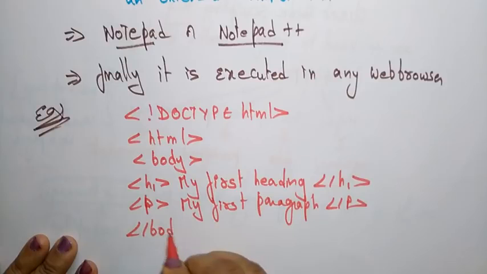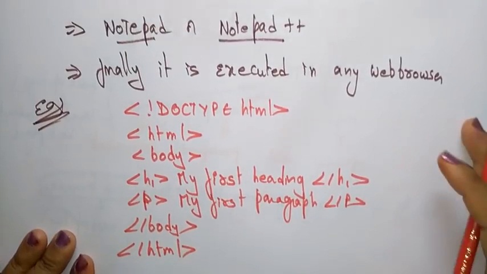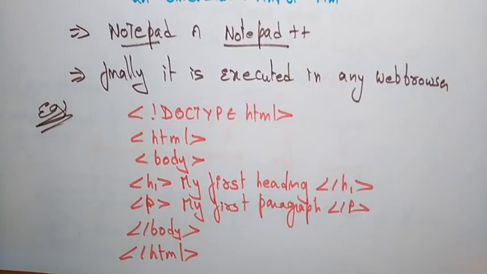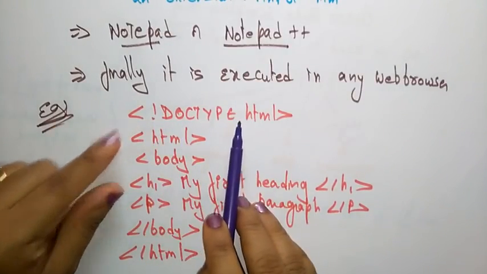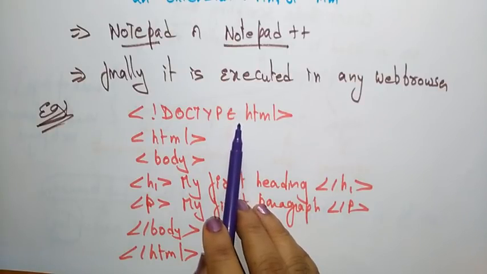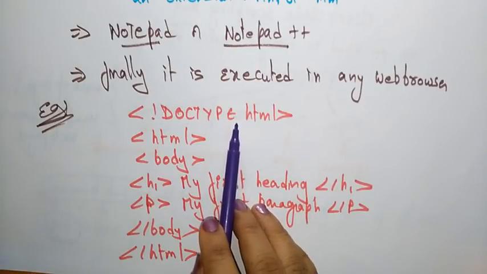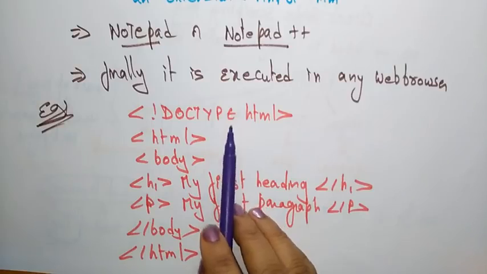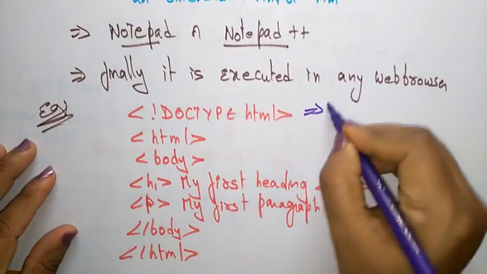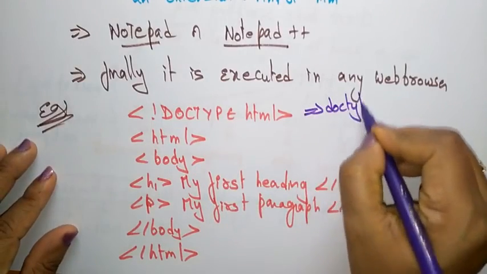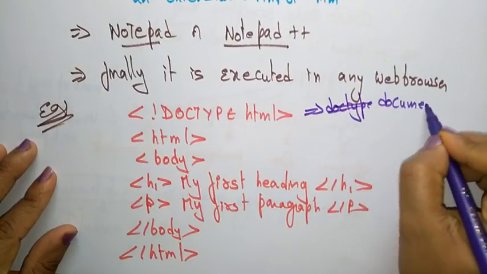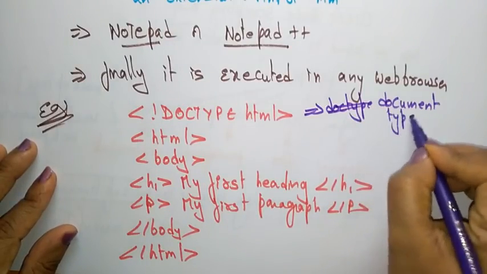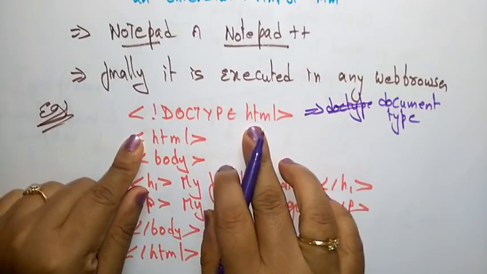Close the body, close HTML. So this is a markup language. So what do these tags represent? Here the doctype HTML is just a declaration defining the document type. It is the type of document we are writing.